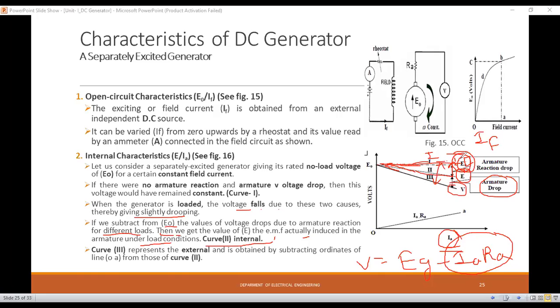No load characteristics आहे, OCC characteristics, it is same for all types of generator. All types of machine साठी OCC characteristics काय असेल, same असेल. If the OCC characteristics are the same, then the internal characteristics and external characteristics are drawn here. इथं external आणि internal characteristics काय केले, drawn केले.